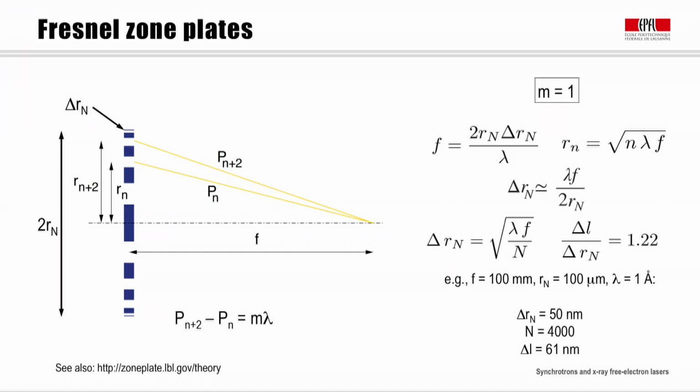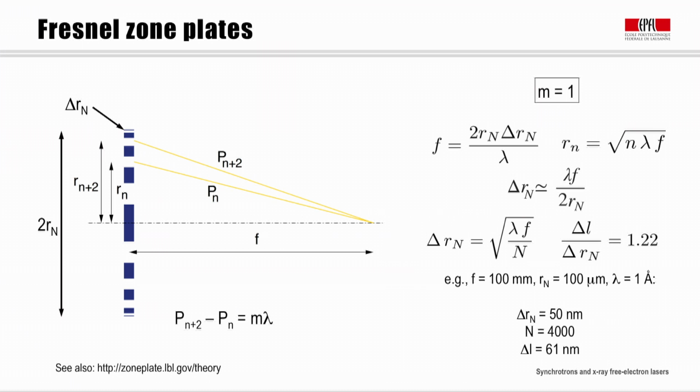The width of the outermost ring, delta R_N, is equal to the square root of the wavelength times the focal length divided by N, the total number of rings. An FZP of diameter R_N equal to 100 microns, consisting of 4,000 rings, will have an outer ring thickness of 50 nanometers.